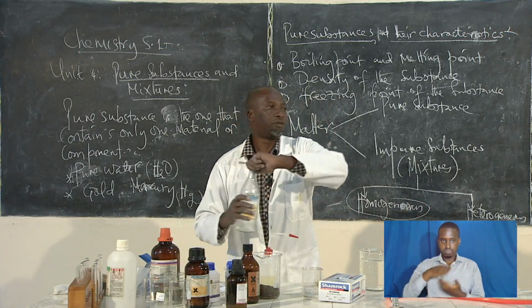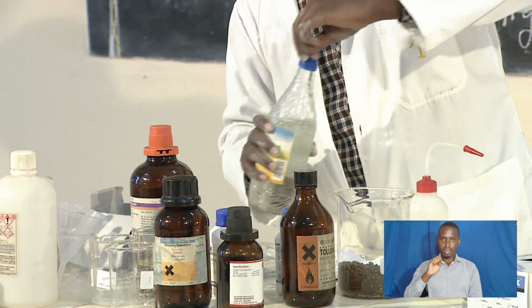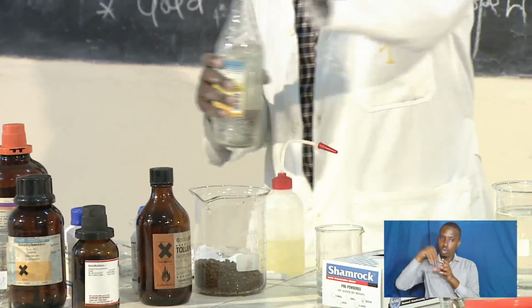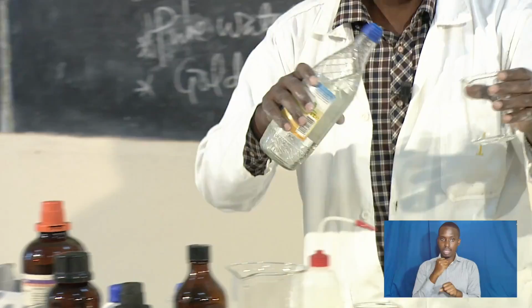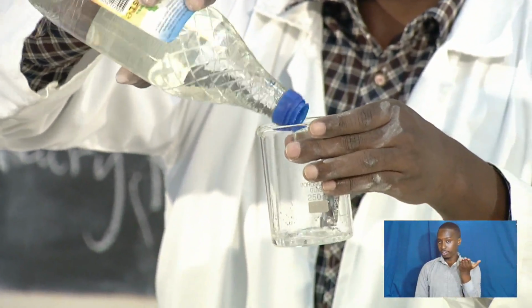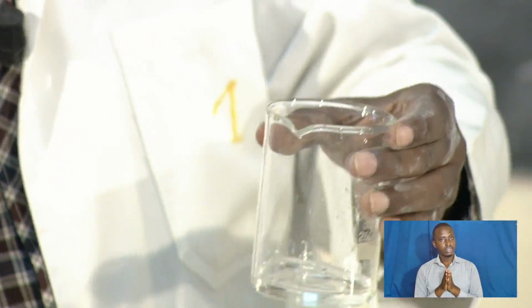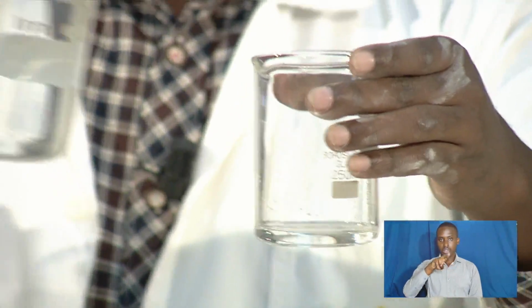Now, here I have vinegar. Vinegar is usually added when you're making salads. It is also a colorless liquid, and as I said, this is water. So I add water.